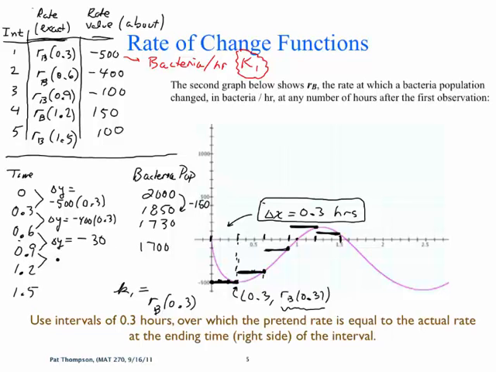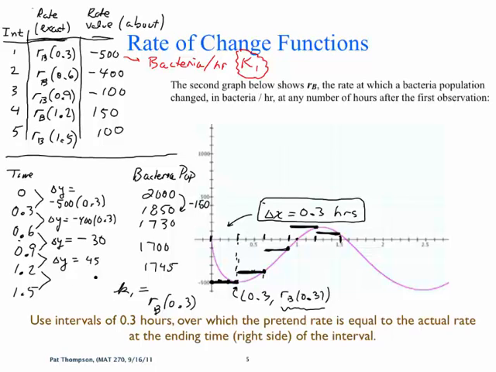Now we're finally going to go up a little bit, right? Here the rate is positive 150. What's 150 times 0.3? 45. So therefore, at 1.2 hours, 1745. Are you tracking? I'm not writing down every number now.